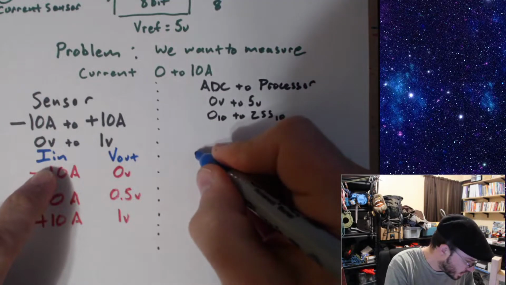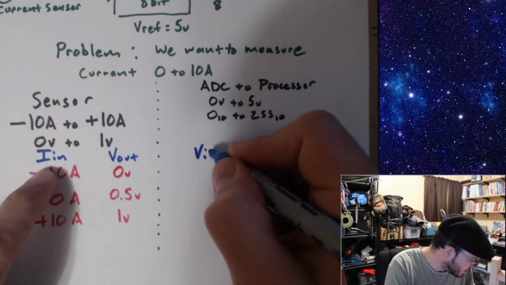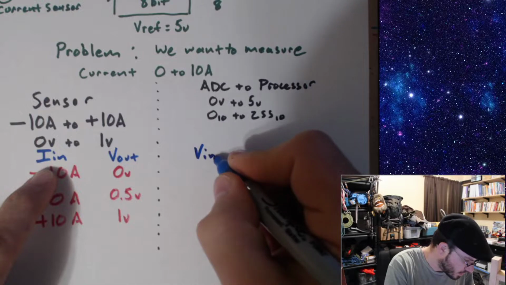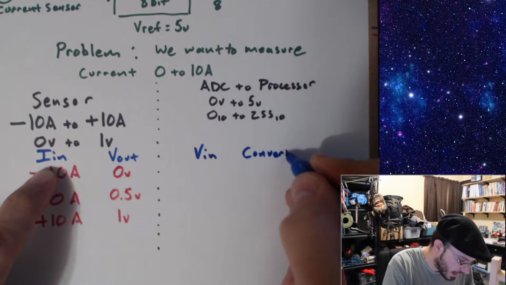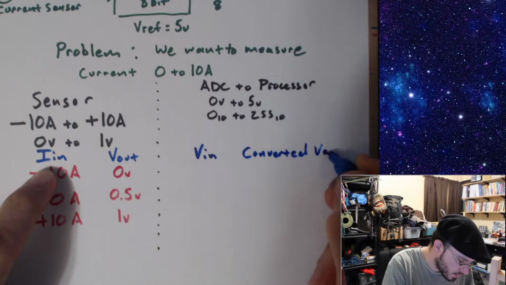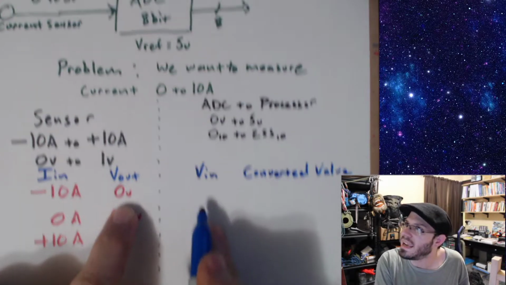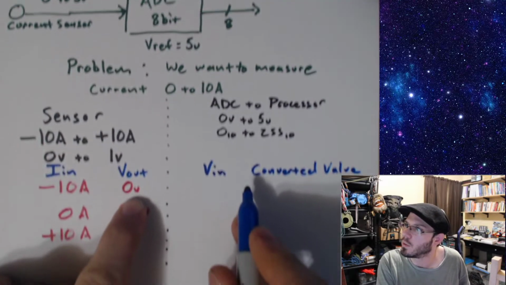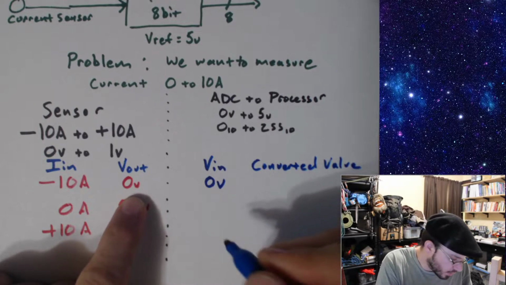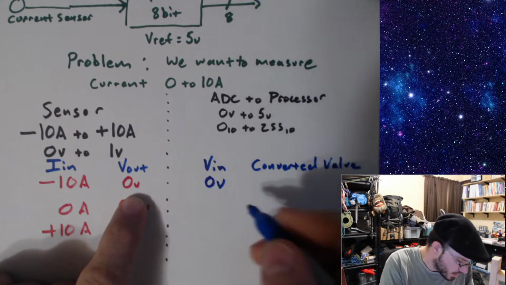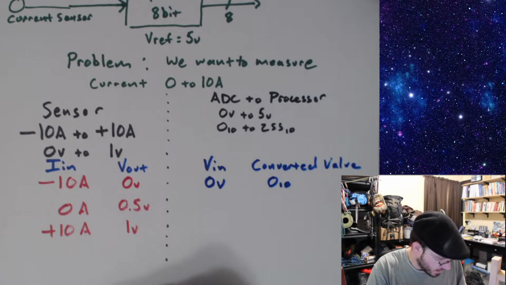So let's do V in, and then I'll write over here the converted value. Okay, well, our range starts at 0, so we'll start there. 0 volts gets converted into 0 base 10.